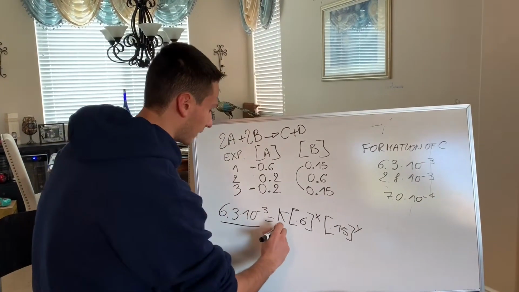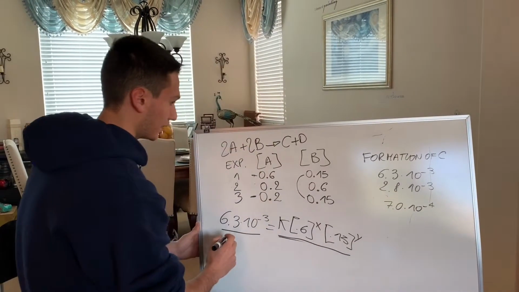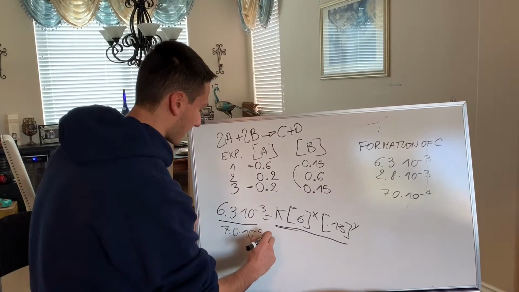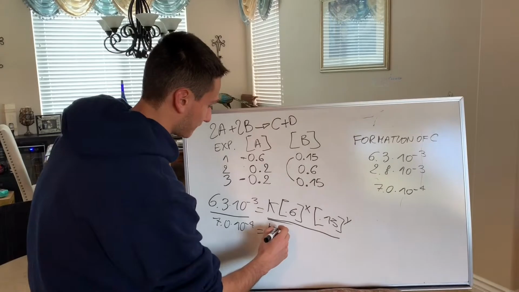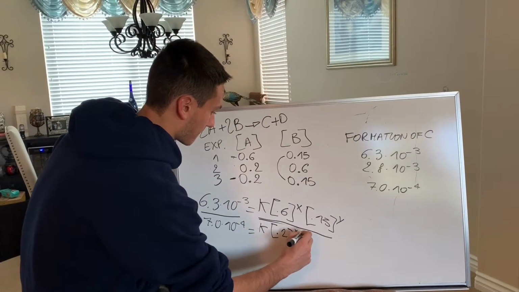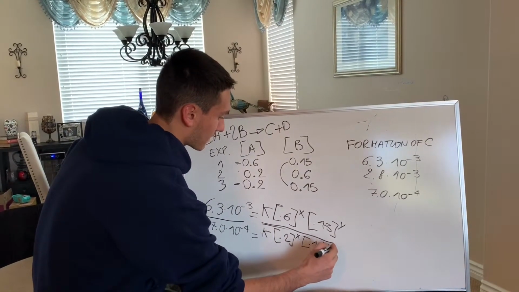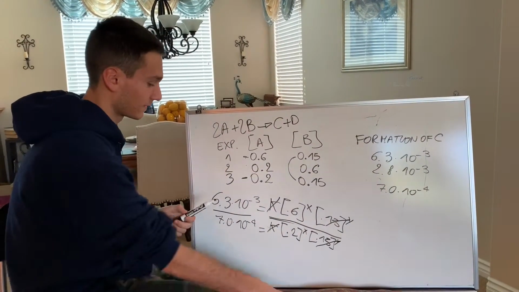Then I divide it by the other rate law, so as I see here, this cancels, the rate constant is the same.